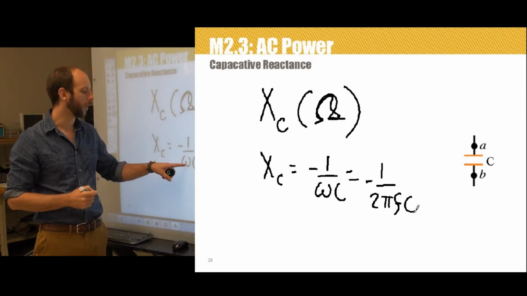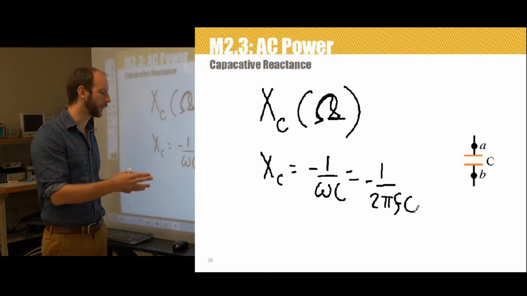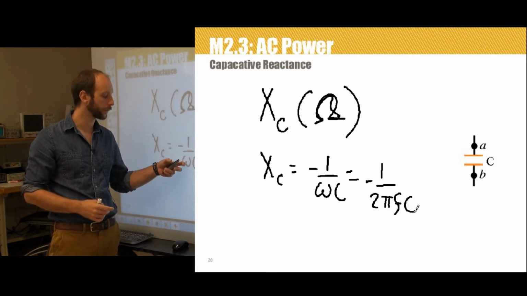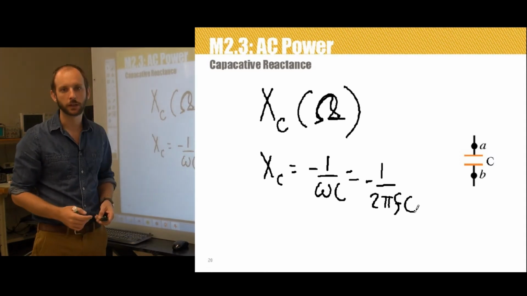If omega is high, the voltage is oscillating quickly, current can easily flow, and the impeding effect is small. If omega in this equation is high, X sub C is going to be small.